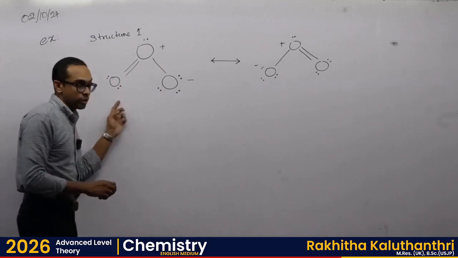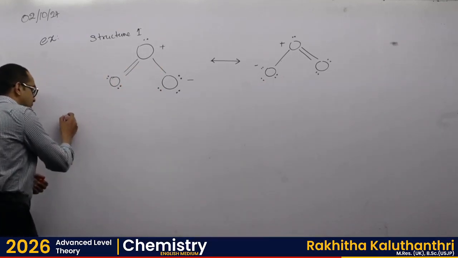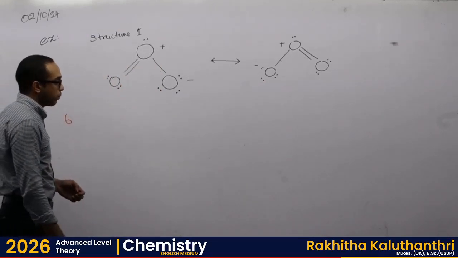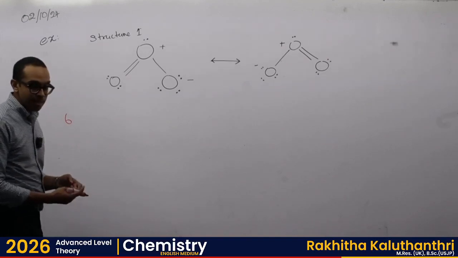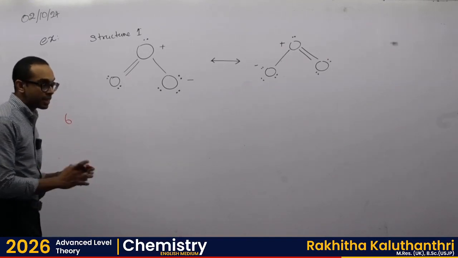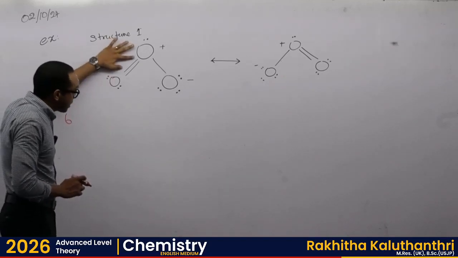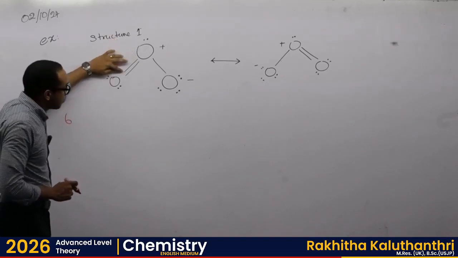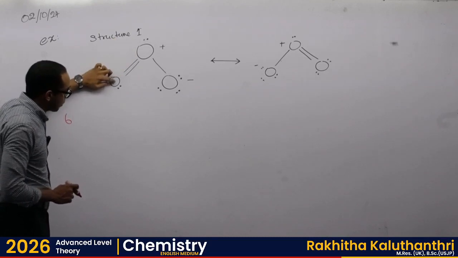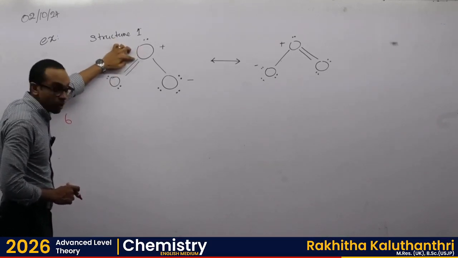Now for example, oxygen's valence electron number is 6. Right? So we can see, is oxygen having its 6 electrons still intact? If you take this bond, it has one electron from this oxygen and another electron from this oxygen.